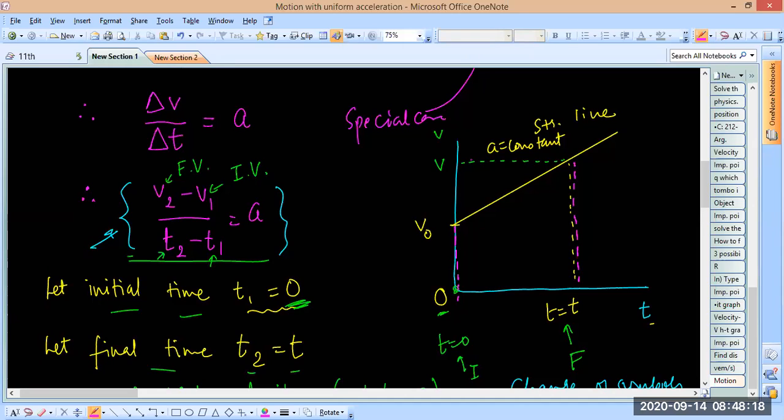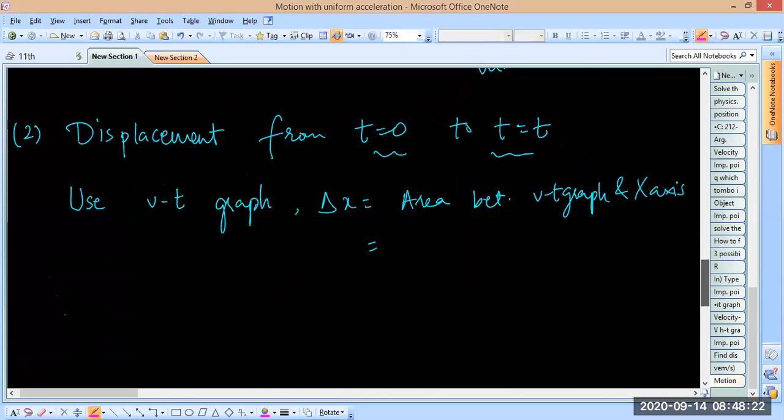I want to know, do you know the formula for the area of a trapezium? How many of you know that? Can you please write it if you know? If you don't know, no problem, I'll try by another method.